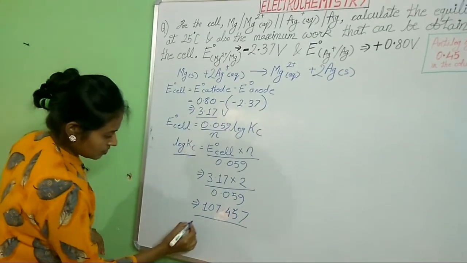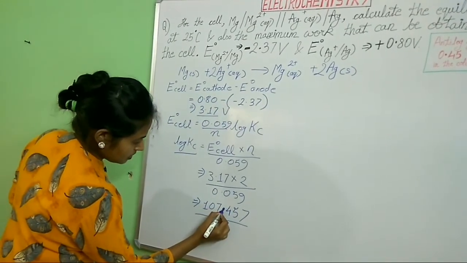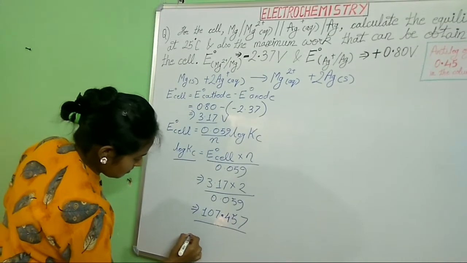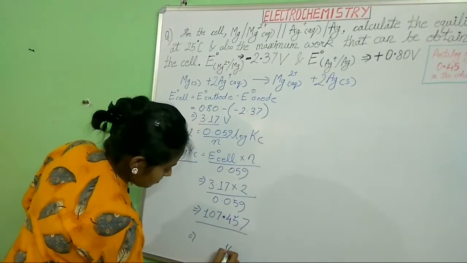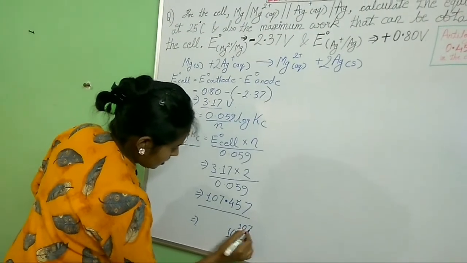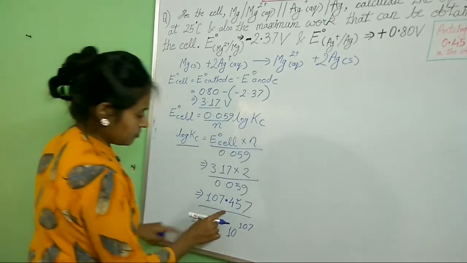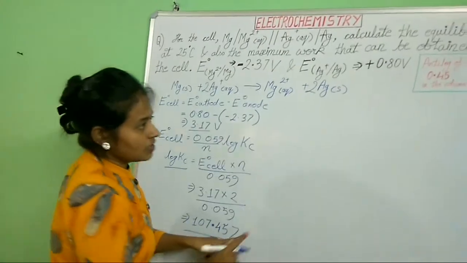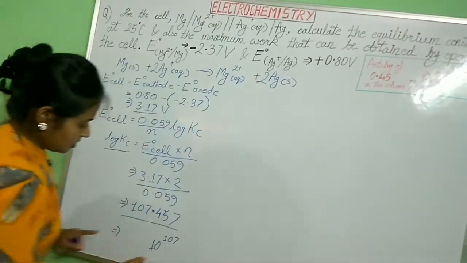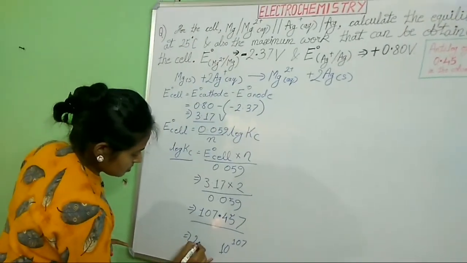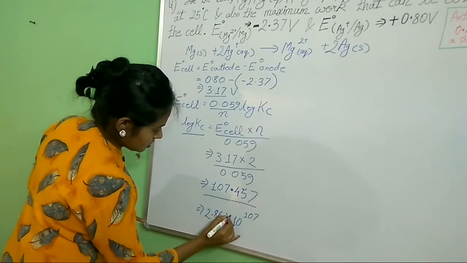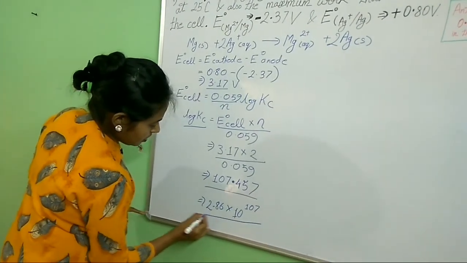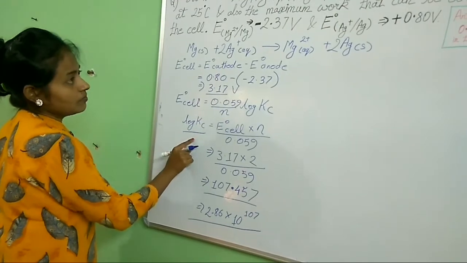How to find the antilog? Before the decimal there is 107, so it will come 10 to the power 107. And if you look at the value of antilog for 0.45 in the column of 7, what is the value? For your help, it is given here, 2.86. Yes, 2.86 into 10 to the power 107 is your equilibrium constant.